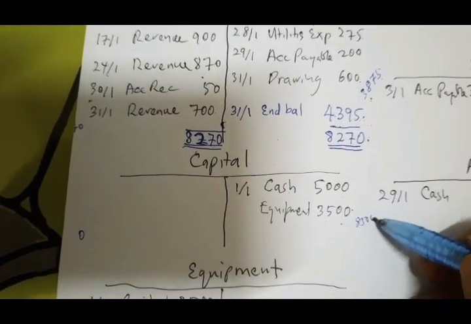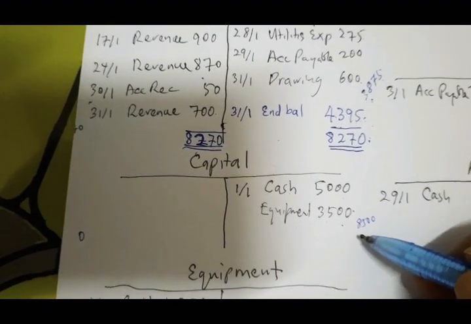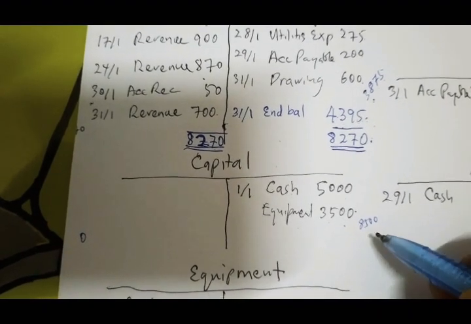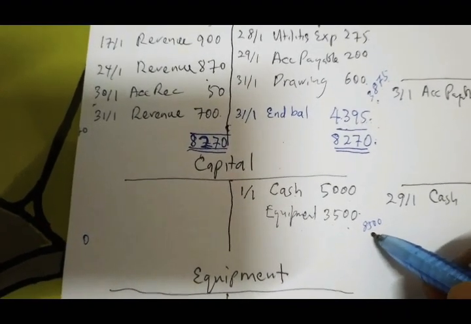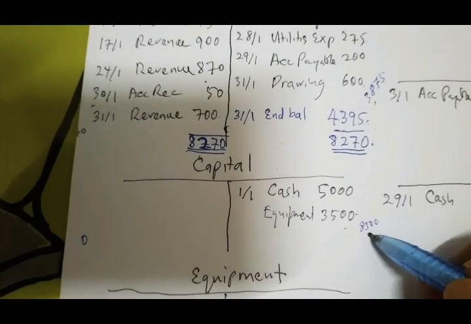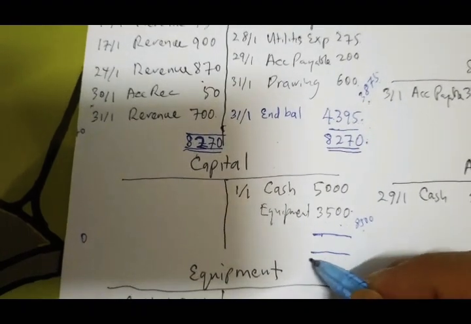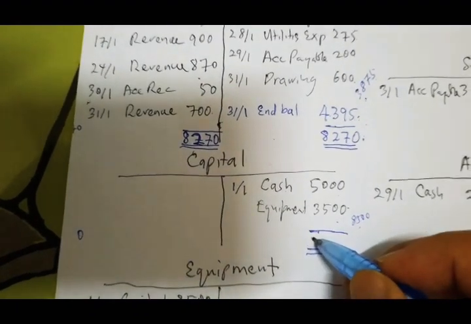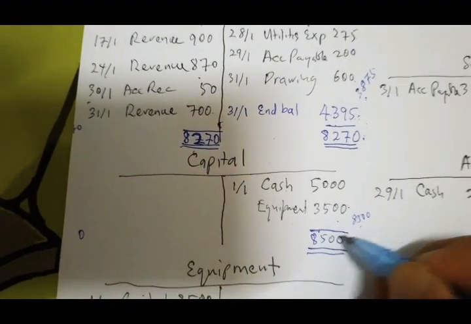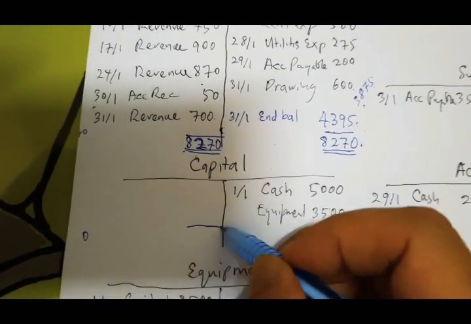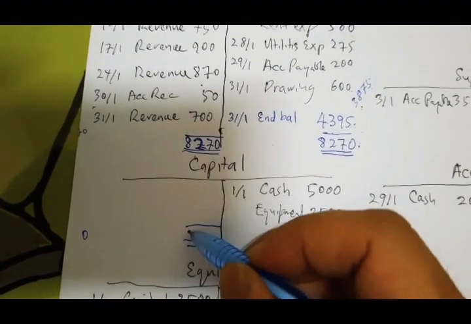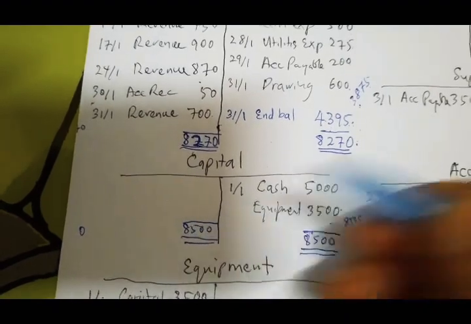8,500. So which one is the higher? The higher number is the amount in the credit side. So you write the higher number on both sides of the account. So the higher number is 8,500, and so you have to write the same number here, 8,500.